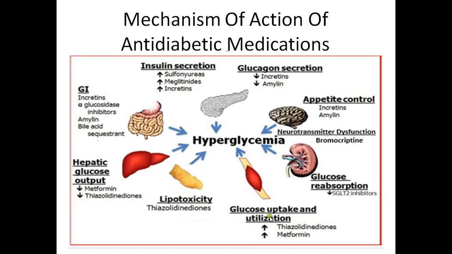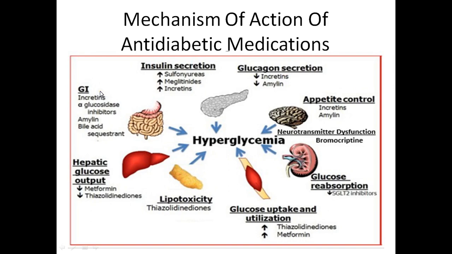So we have anti-diabetic drugs. As I said, they act on all the octet of type 2 diabetes. So we have insulin, the drugs which cause increased secretion of the insulin. That group is sulfonylureas, meglitinides, and incretins. Some of the drugs like incretins also play an important role in decreasing the glucagon secretion.